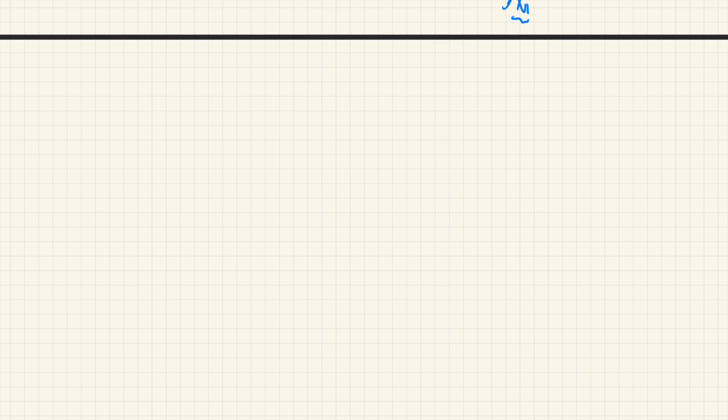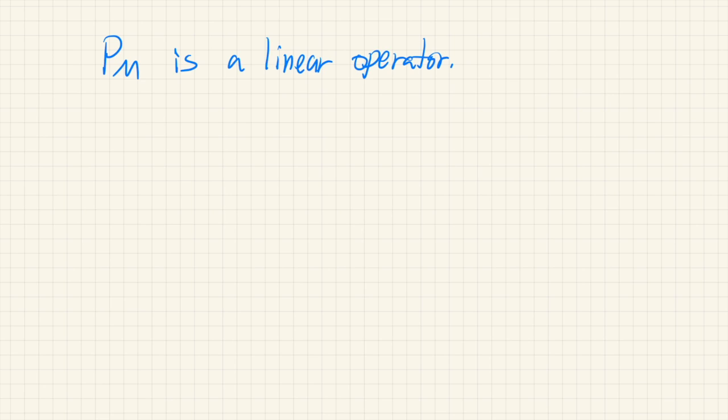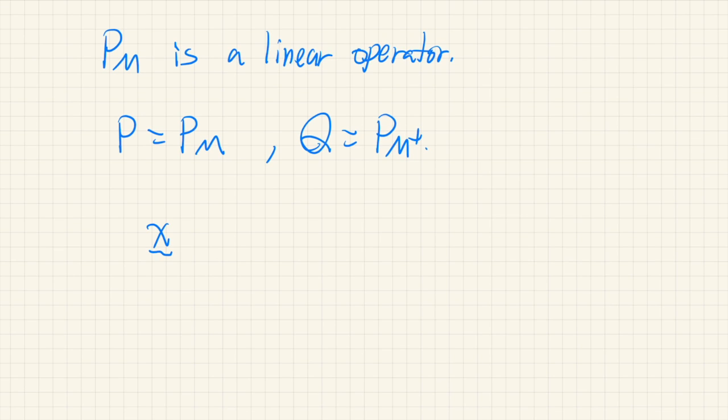we see next. So first of all, this P_M is a linear operator. Let's show this. From now on, for brevity, we just write P for P_M and Q for P_M complement. So first we have this decomposition, x equals Px plus Qx, and y equals Py plus Qy.